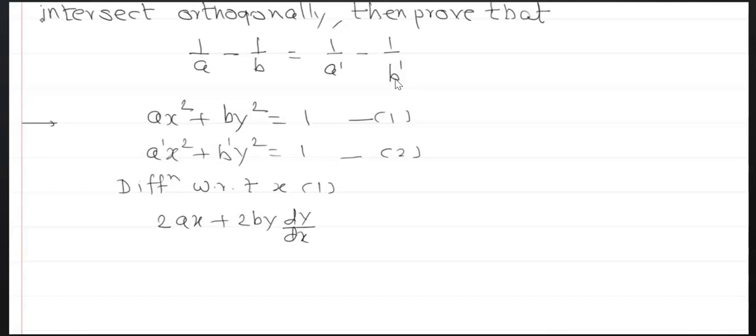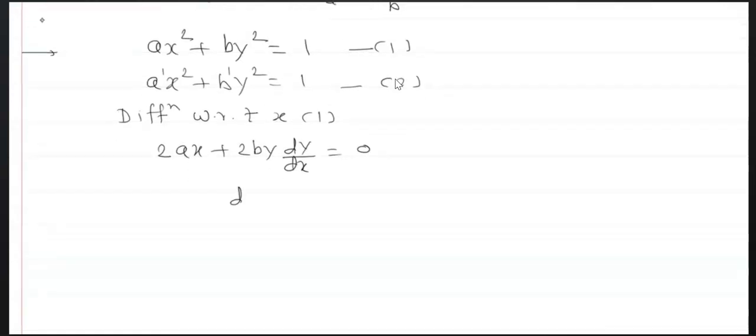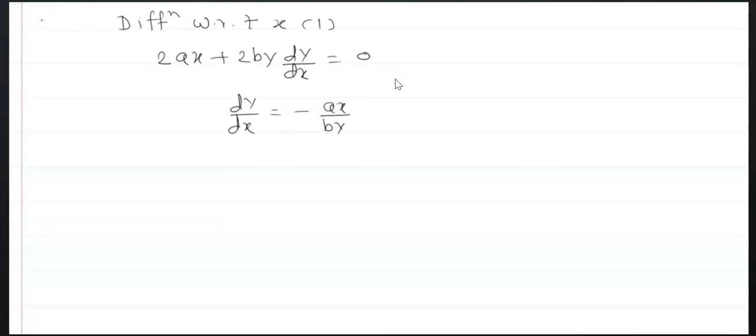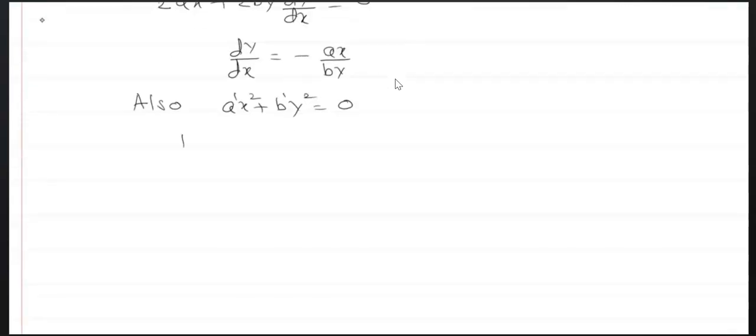First equation, that is dy by dx is equals to minus ax upon by.